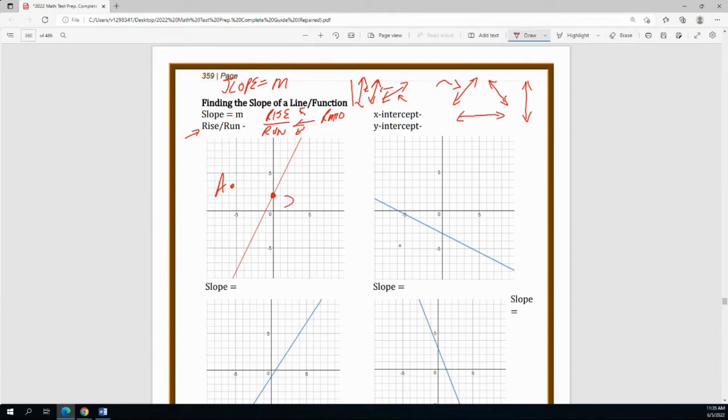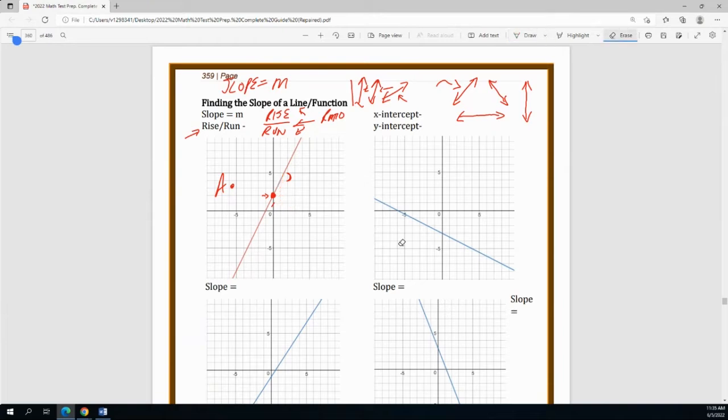For instance, if I asked you, where is that? You would say, it's at the 2 mark. Yes, it is. If I said, where's this one? You would say, it's at the 1, 2, 3, 4 mark. You see, these are whole numbers. Anything that's in between two pieces, now you're talking about decimals, and that's going to be harder to calculate. That's why you're looking for the line where it crosses exactly through the center so that we can count it as a whole number.